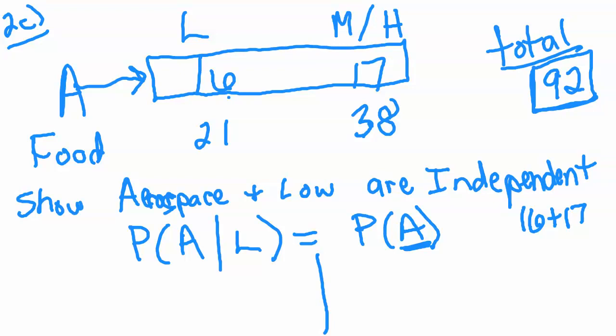So the probability, and I guess I should have talked a little bit more about probability, but probability means, and this is how I like to think of it, the number of ways you get what you want over your total number of choices. So the number of ways that we could pick an aerospace company would be 33. There's 33 aerospace companies. That's 16 plus 17. Over your total, which is 92.